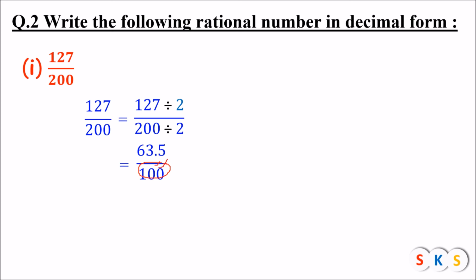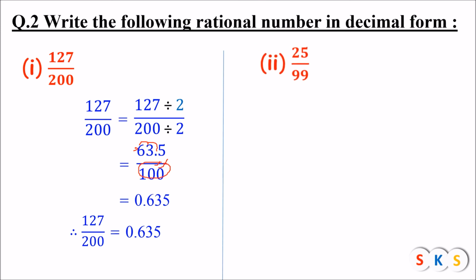So the decimal will move 2 steps towards the left side. So the decimal will come over here. Okay, so what you will get? 0.635. That is the decimal form of this given fraction. So therefore 127 upon 200 is equal to 0.635.